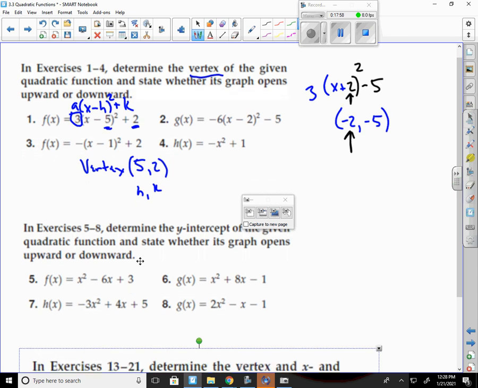Looking at number 5, it says determine the y-intercept of the given quadratic function and whether it opens up or down. These are all in polynomial form, so your y-intercept is the last number of every one of them.